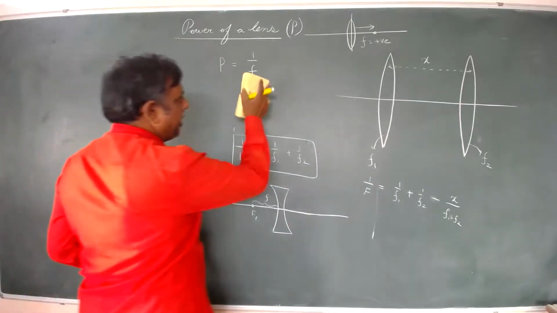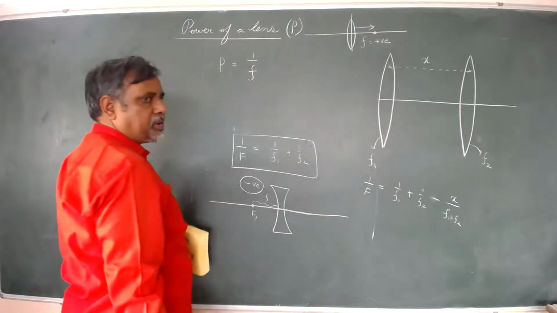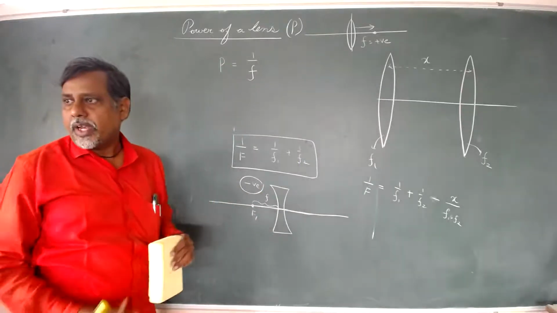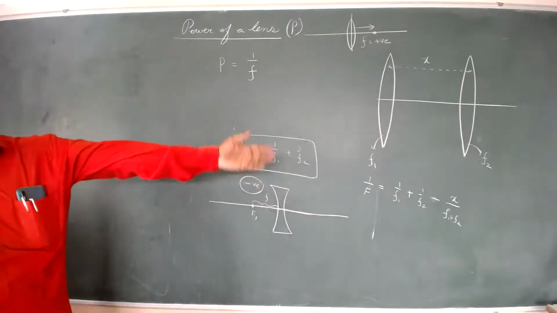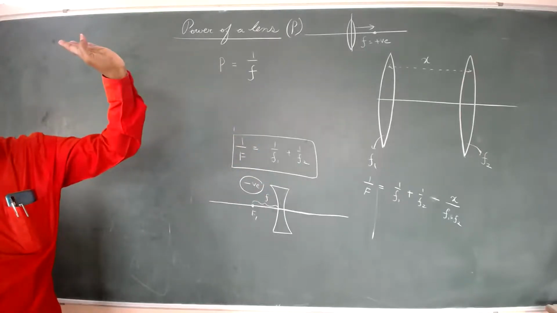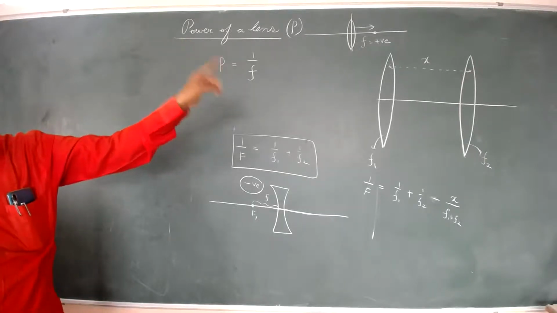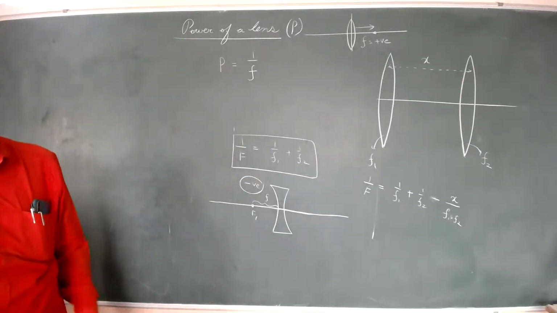Usually, while dealing with power, the focal length has to be treated in meters. While using the lens maker's formula, you can keep the focal length in centimeters. But when it comes to power of a lens, the focal length has to be converted into meters. That is the rule.